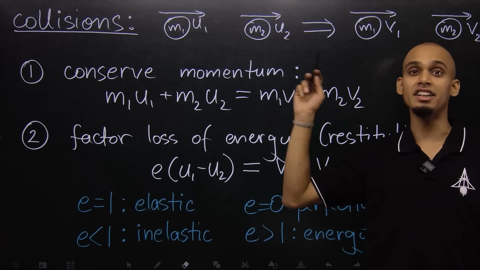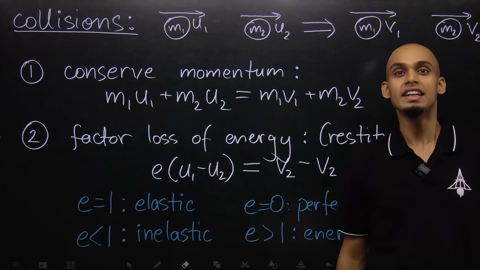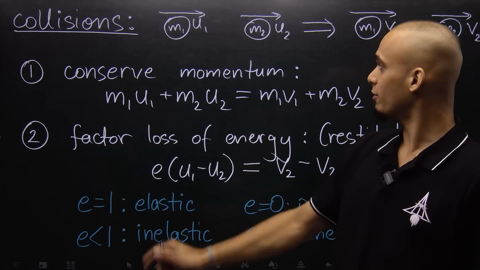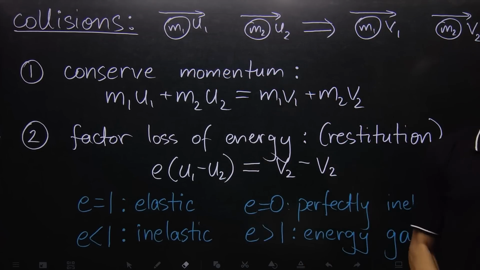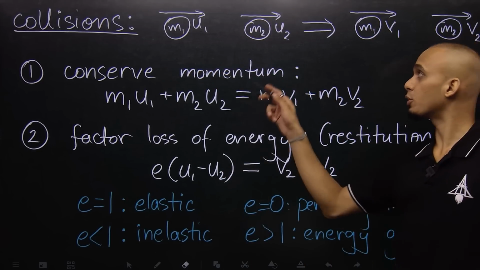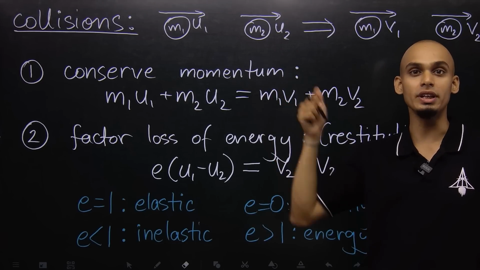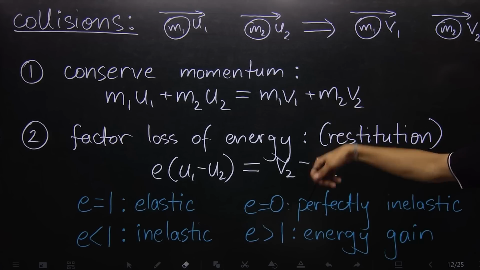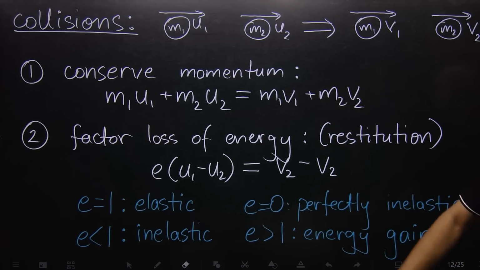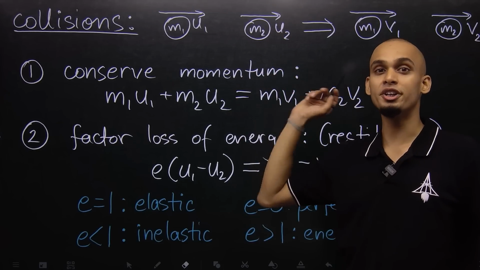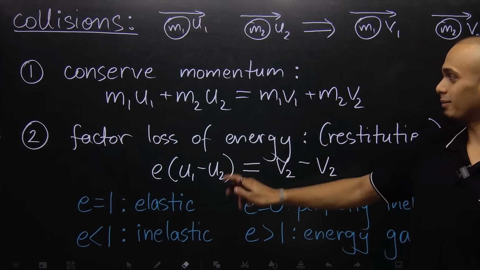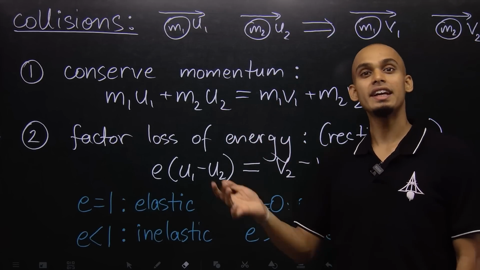But the advantage of remembering a result like this is that even if both objects are moving towards each other, you can simply substitute the value of the velocity which is in the opposite direction as negative. So if you have been given that mass m2 is moving towards mass m1, then you can simply substitute the value of u2 to be negative.